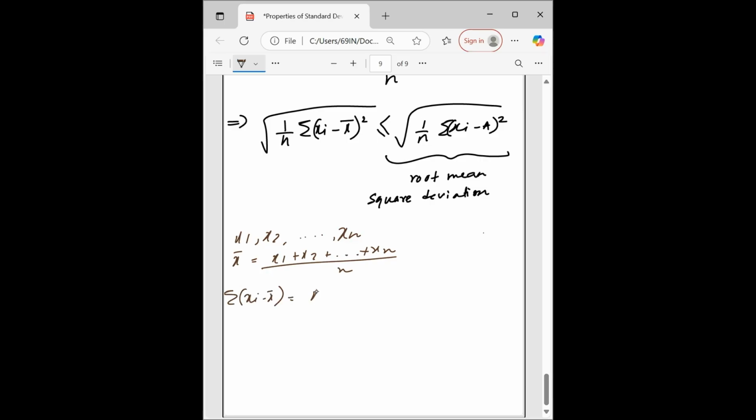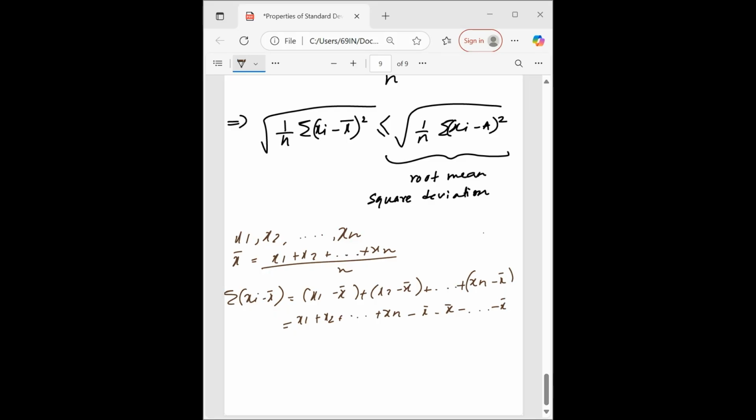That equals (x1 minus x bar) plus (x2 minus x bar), which goes on till (xn minus x bar). Let's expand this: x1 plus x2, which goes on till xn, minus x bar minus, goes on till minus x bar. Like we have one x bar for each of the n data points, right?